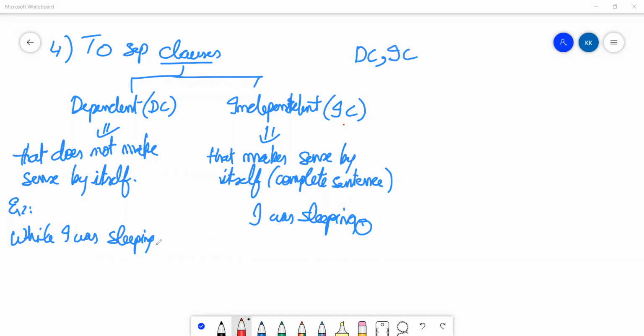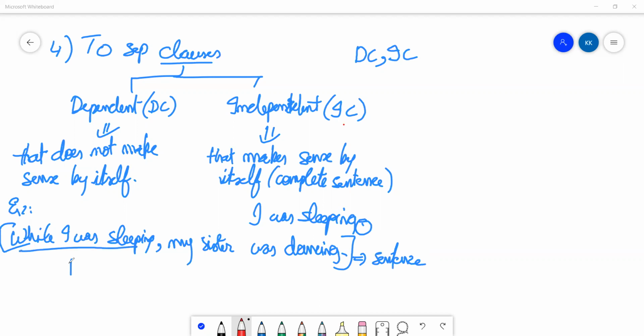So while I was sleeping, comma, my sister was dancing. Understood? So this together makes a sentence, in which this part is a dependent clause and this part is an independent clause.